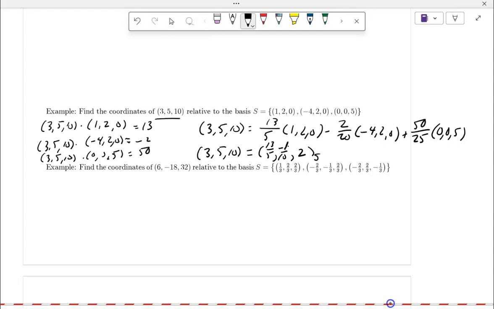And just to emphasize that I'm talking about the coordinates of this vector with respect to this basis, I'll put a little subscript of an S there. That's an S. Looks kind of like a 5, but that's an S down there. The coordinates with respect to the basis are the coefficients that you would need for each of the basis vectors to give you the linear combination.